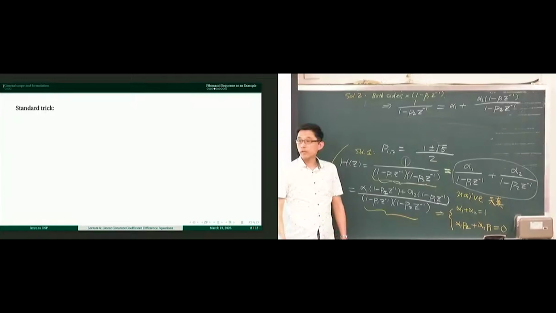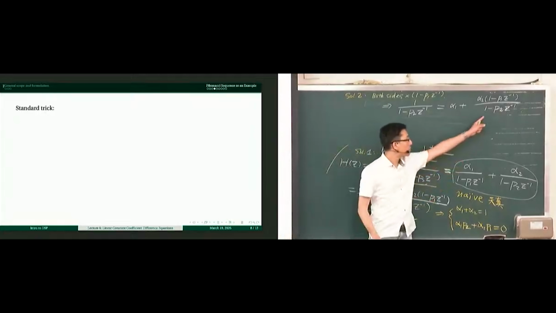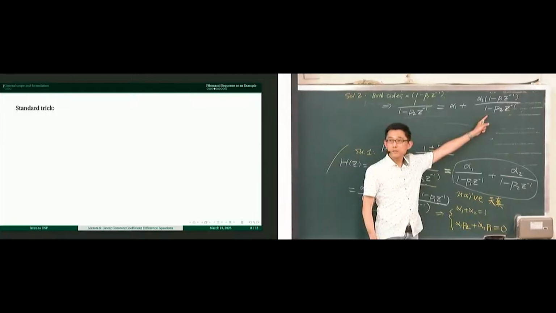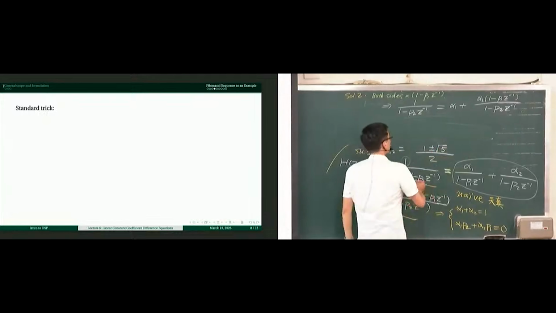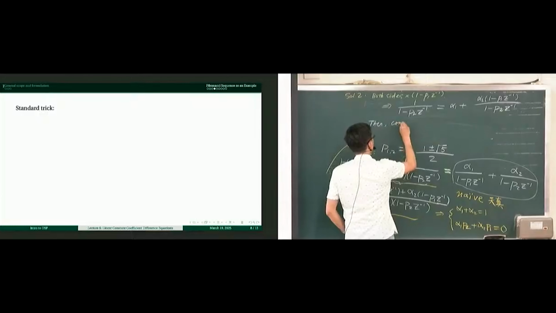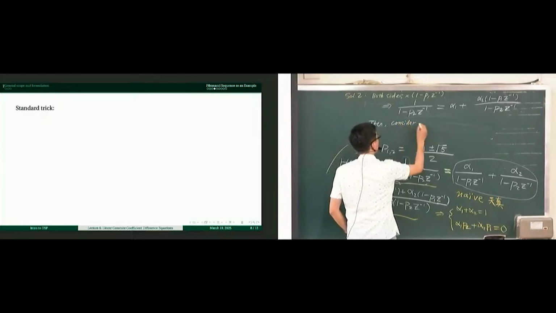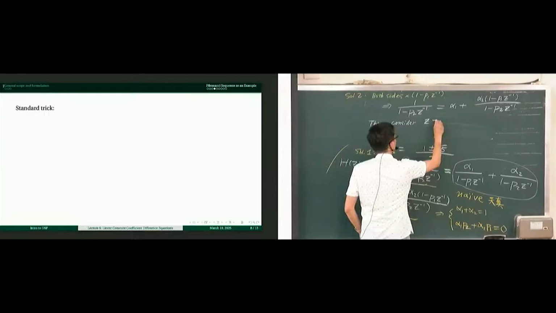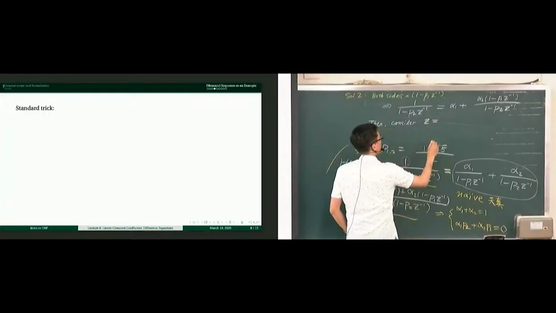And the next step is to look at this big term, and we want it to vanish. We want to make it disappear. Okay? All right, so that's the spirit. So next is to then consider Z equals to what?